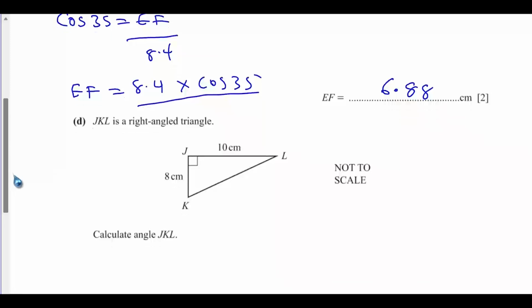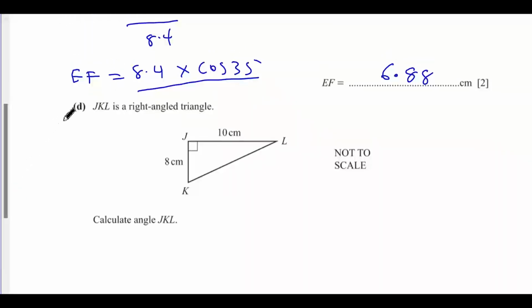That is part D. JKL is a right angle triangle. Calculate angle JKL. We need to get this angle, so we can name this theta. This will be opposite and this will be adjacent. So we are using TOA, opposite over adjacent. So tan theta equals opposite, which is 10 centimeters, over the adjacent, which is 8 centimeters.